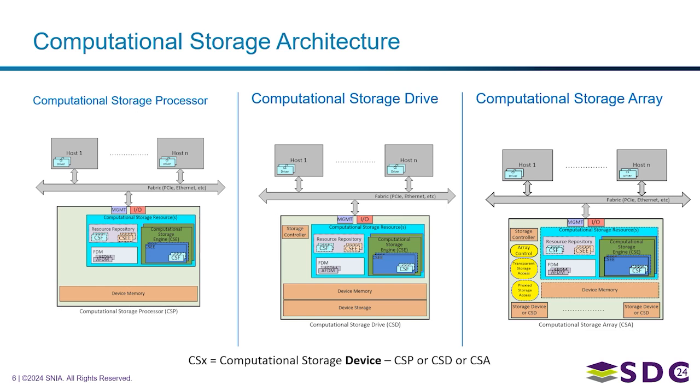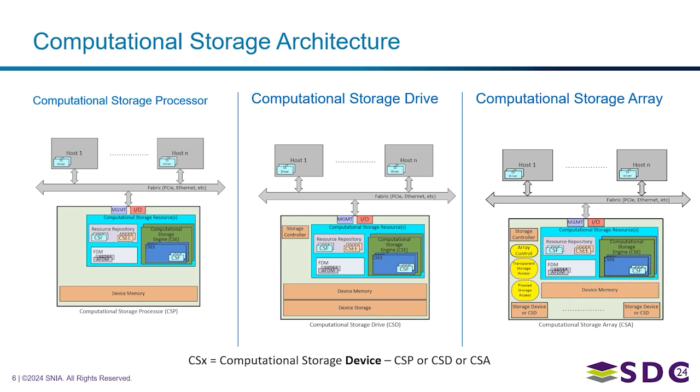This is a traditional array that you may be familiar with that has multiple drives, but it also has some computational storage resources. And with those resources, of course, you can do computations on all the data stored in those drives. The architecture also allows you to have computational storage drives as part of that array, so you could theoretically have multiple levels of offload, although I'm not aware of anybody who's working on that currently.